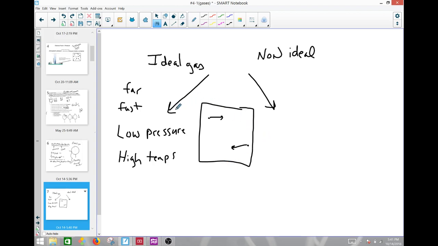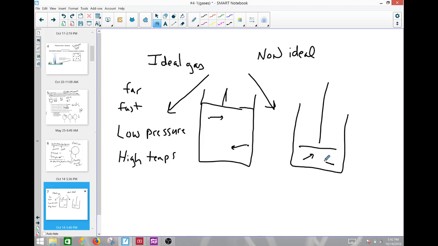How do I convert a gas into a non-ideal gas? Okay, well, if I take this box, let's say it's a piston, and I squeeze this thing down to the absolute smallest volume. Now it's in a smaller volume, they're much closer together, and I make it colder, and this is going to cause this thing to slow down.